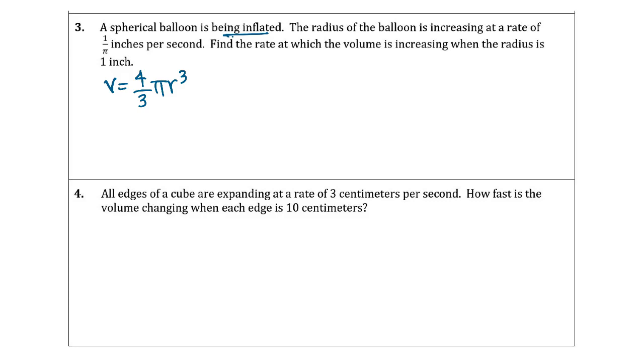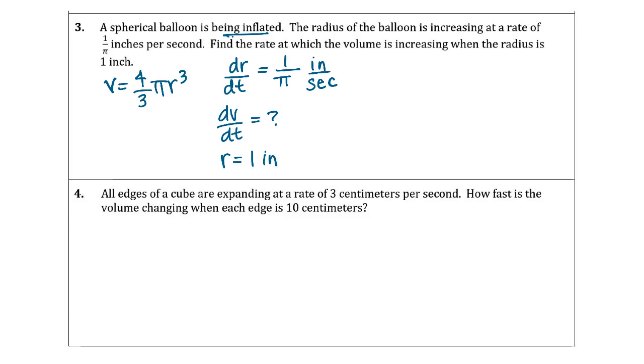Now, labeling what we know from here, we're told that the radius of the balloon is increasing, so I know that is dr/dt, and that is increasing 1 over pi inches per second. Find the rate at which the volume is increasing, so I'm looking for dV/dt, and we're looking for that when the radius is 1 inch.